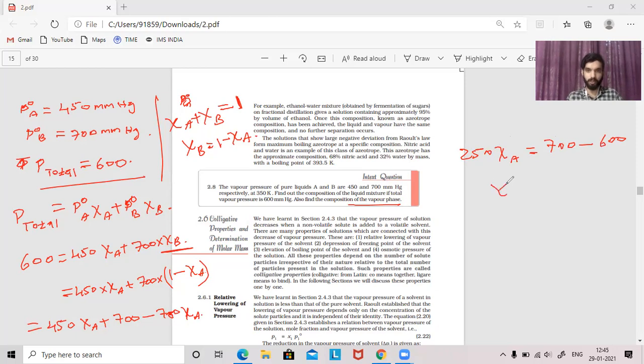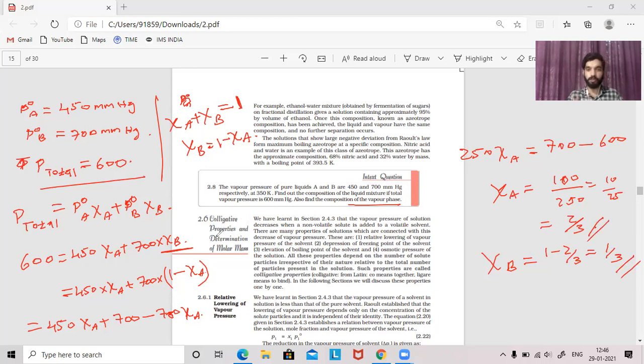So chi A, the mole fraction of A, equals 100 by 250, which is 10 by 25, which is 2 by 3. Okay, so what will be the mole fraction of B? Mole fraction of B will be 1 minus 2 by 3, which is 1 by 3. So I got the mole fraction of A and B.